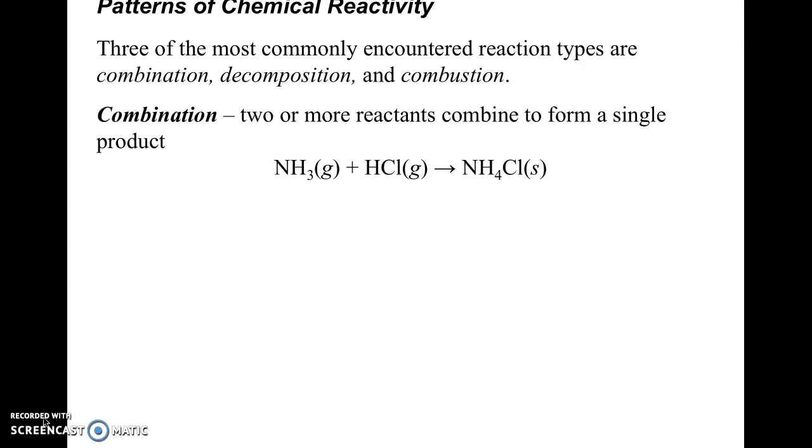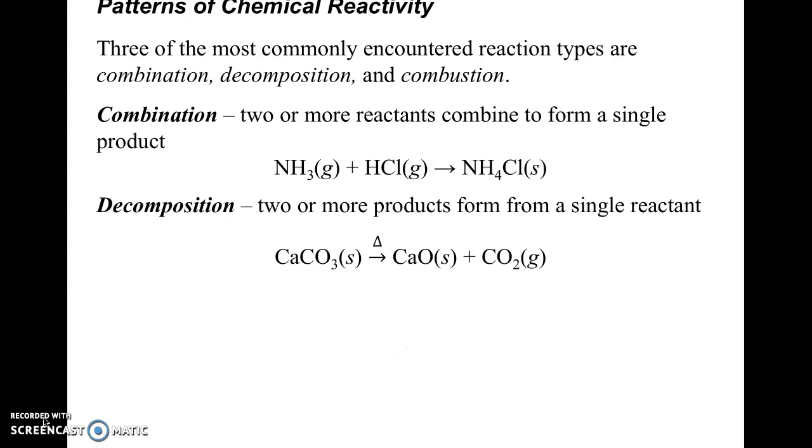And this is our ammonia and HCl reaction. A decomposition takes a single reactant and breaks it into 2 or more products, as in this calcium carbonate reaction. And the little triangle over the arrow says we are heating this material to get the CO2 off.